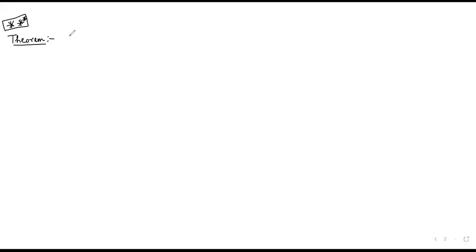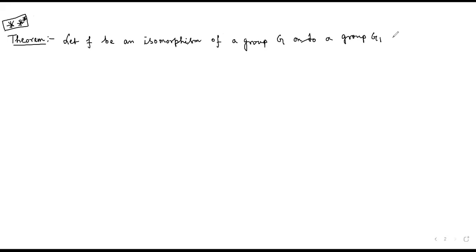The theorem is saying: let f be an isomorphism of a group capital G onto a group capital G1.